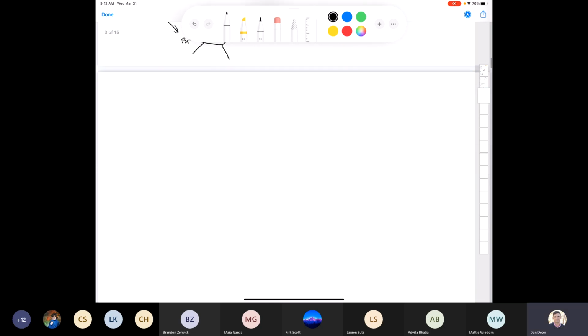Let's try one more, and then we'll call it a day. Let's try D. This is 8.39D. I'm going to start with this exocyclic alkene, and I want to make this alkene here.